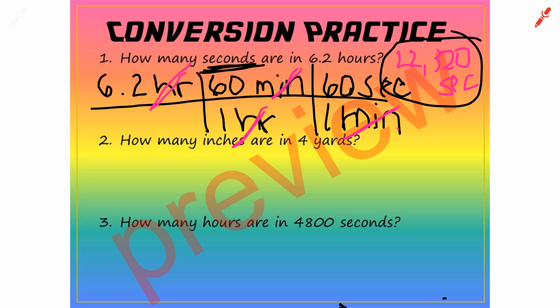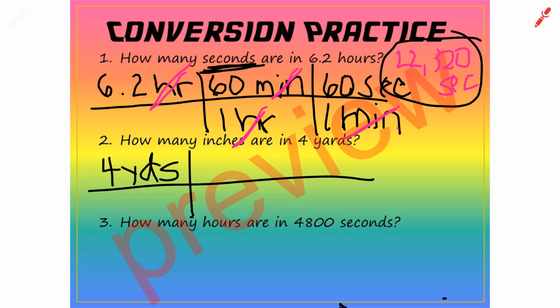Okay, so how many inches are in 4 yards? So you write down what they give you. They give you 4 yards. Okay, so your conversion factors are on that first sheet there. So in 4 yards, what do we know about a yard?